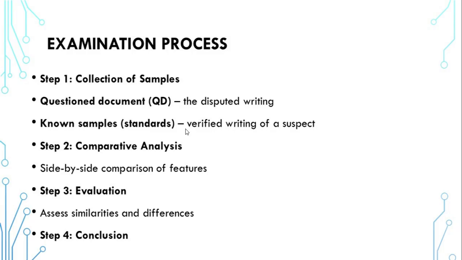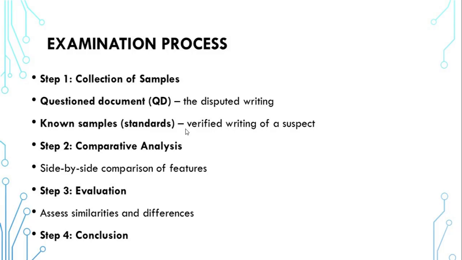Now, let's move further. I said after comparative analysis, you evaluate. After evaluation, you assess similarities and differences before your conclusion. You normally have three types of conclusion. The first conclusion is identification, that is, same writer.